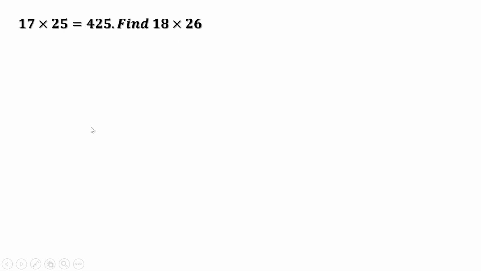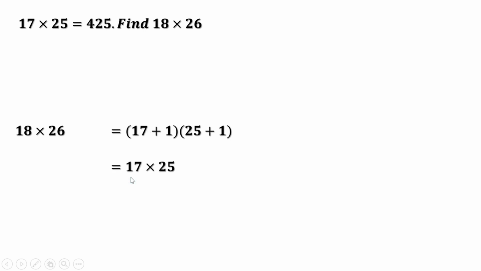Therefore, we can write 18 into 26 as (17 plus 1) into (25 plus 1). And this is equal to 17 into 25 plus 17 plus 25 plus 1. Given that 17 into 25 is 425, 425 plus 25 is 450, plus 17 is 467, plus 1 is 468. That means 18 into 26 equals 468.